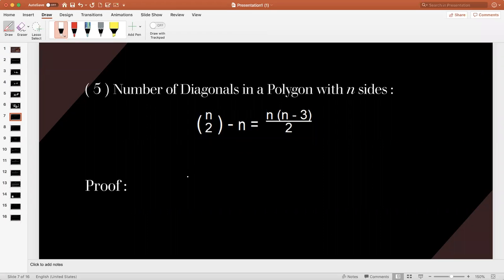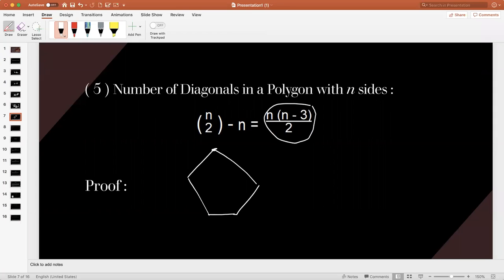The reason behind this is, we can start off with any shape, which we'll start off with a pentagon in this case. To create one diagonal, from this point right here, we have to connect it to a vertex that is not one of the adjacent vertexes. So we have n choices.